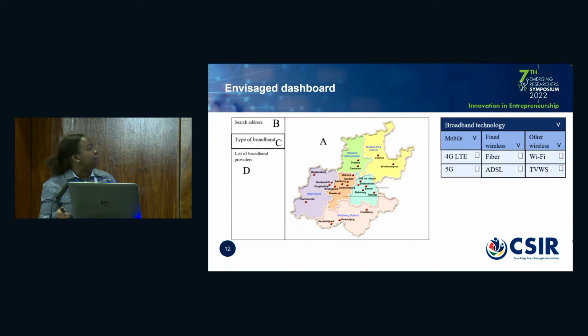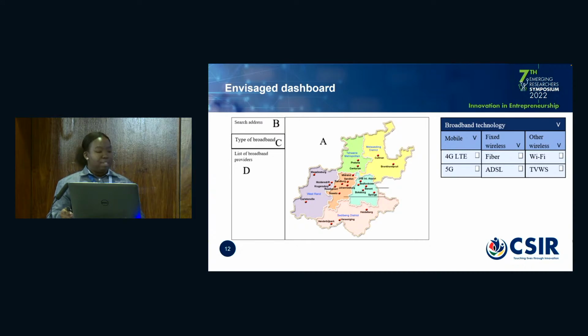Private users would be able to search for their address or a smaller area, and the broadband infrastructure in that area would be displayed on the map in block A, while the business users would be able to preview some extra information like the percentage of penetration of broadband in an area.